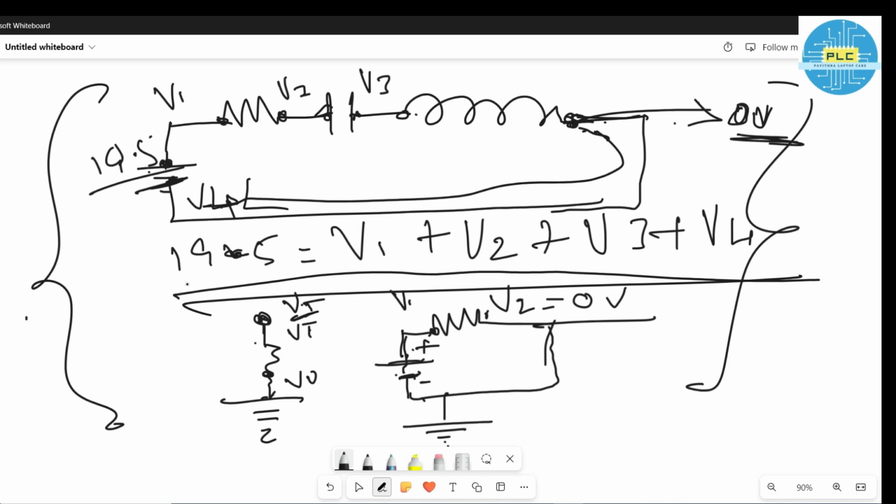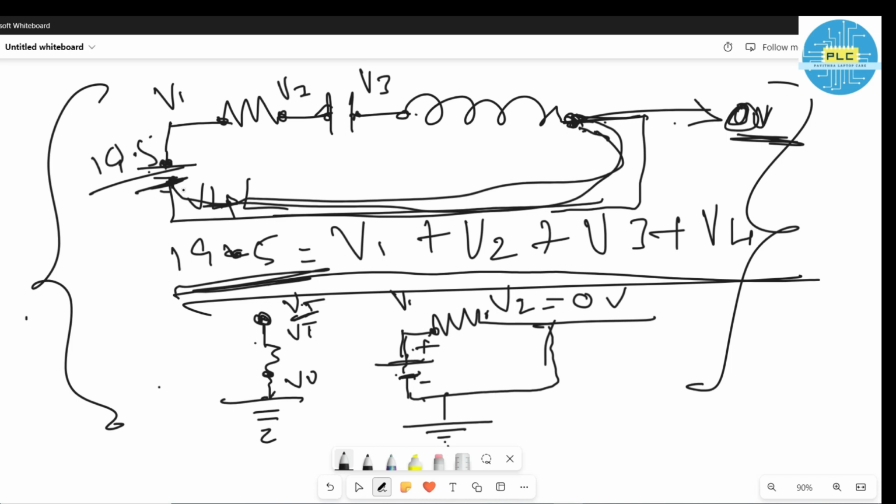The total voltage should be the addition of the divided voltages V1 plus V2 plus V3 plus V4. You have to keep this concept in your mind. And the other concept: the last component connected to the ground will have 0 voltage, because the continuity has gone to ground, meaning whatever voltage is there goes to the ground.